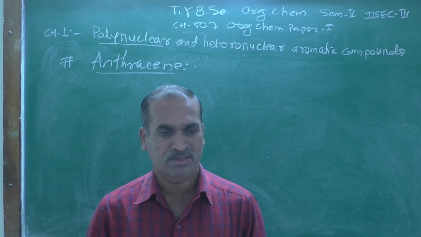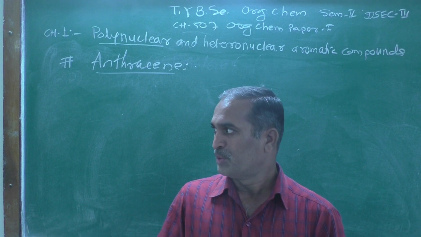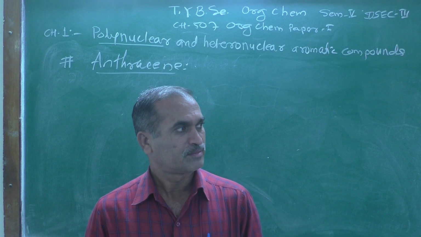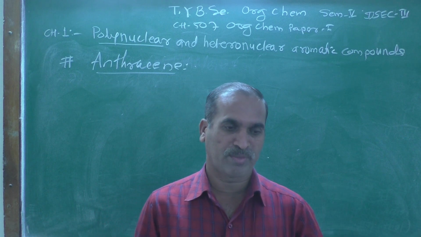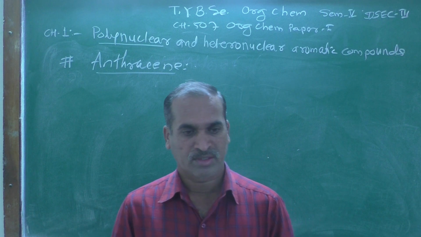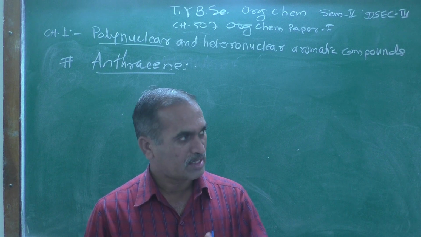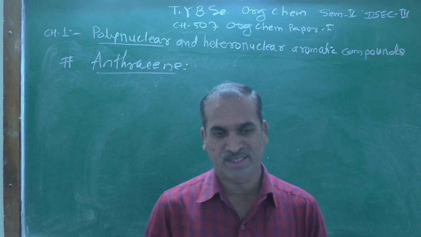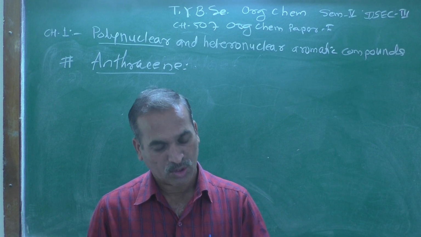They show all the important characteristic features of aromatic character. As we know, aromatic compounds are fully conjugated, planar, cyclic systems containing 4n plus 2 pi electrons.